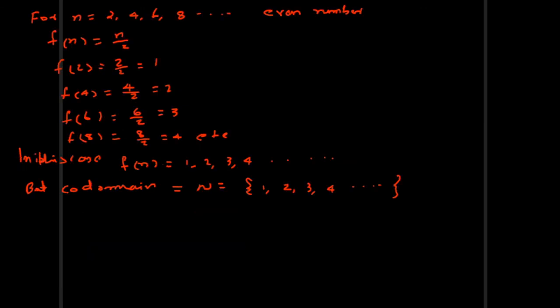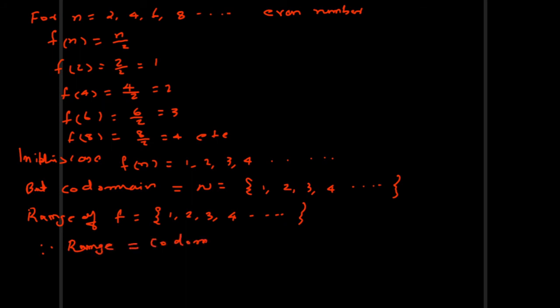Therefore the range of f is 1, 2, 3, 4, etc. That means the range is equal to the codomain. Therefore f is an onto function, or surjective function.